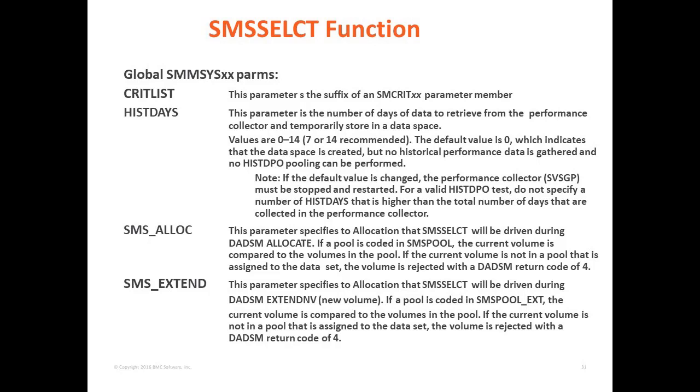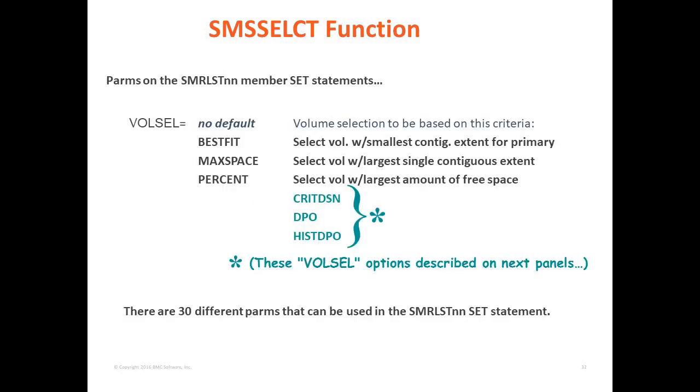If the param is not coded, then the default is 0 days used, and no data is stored in the data space that is created. SMSALLOC and SMSEXTEND are required if the SMSSELCT is used with subpooling. In all, there are 30 different params that can be used in the RList of the SMSSELCT.